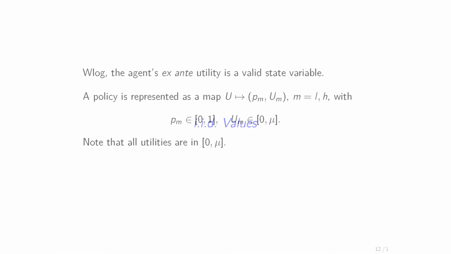If the agent's value is IID, without loss of generality, the agent's ex-ante utility is a valid state variable. We can use this state variable to summarize the continuation play. And now a policy is represented as a map from U, the agent's promised utility, to the current period's decision as a function of the agent's report.